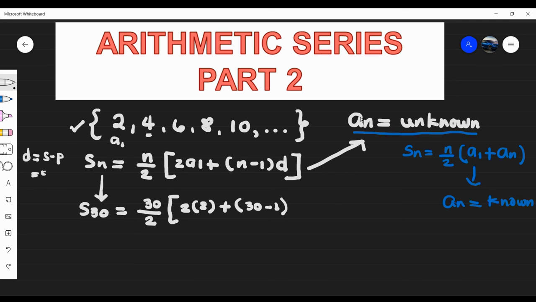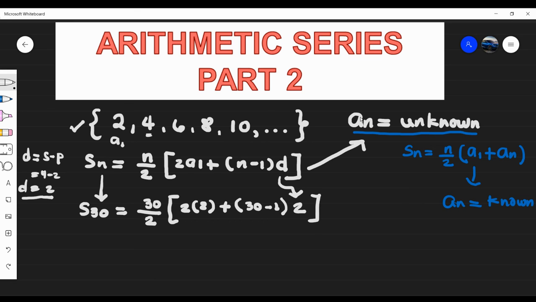So we subtract 4 minus 2, which is equal to 2. So therefore, your d is 2. Or 6 minus 4 is the same, or 8 minus 6 is the same. So we have a fixed number that we keep on adding as we look for the succeeding term. So that is what you're going to multiply here. That's your d here.